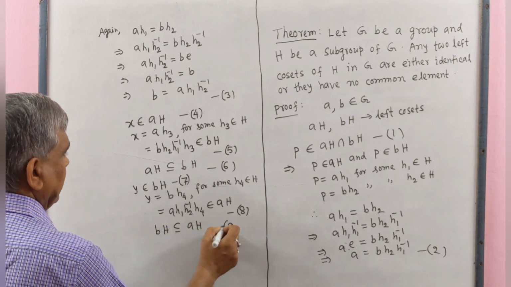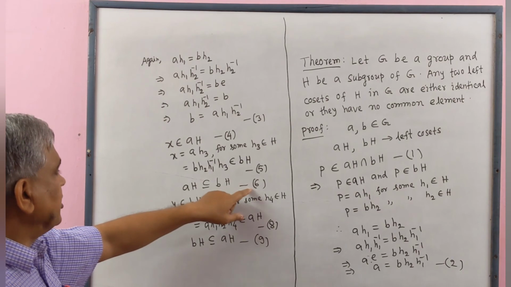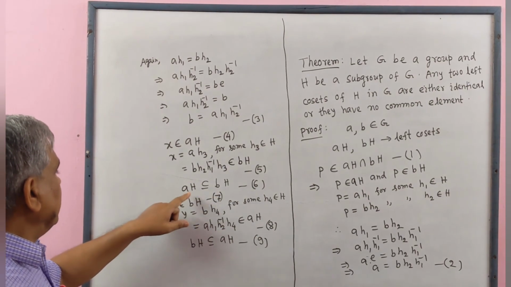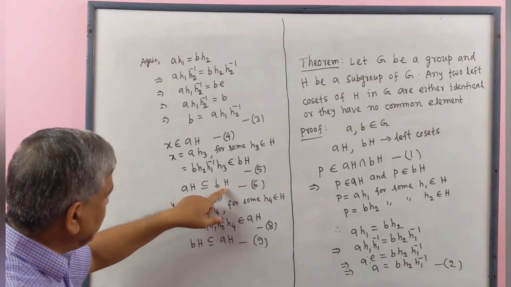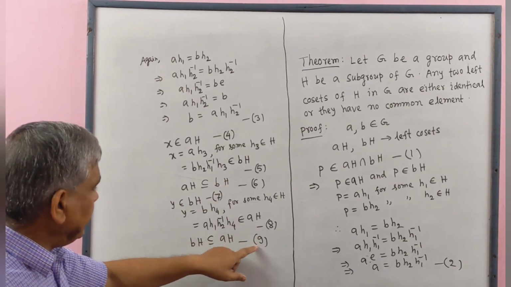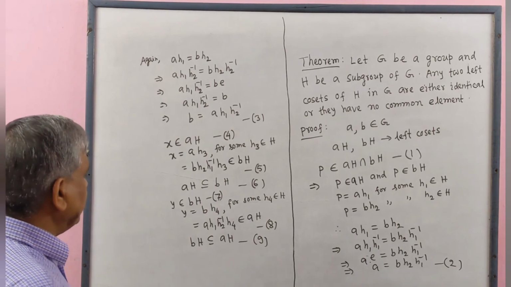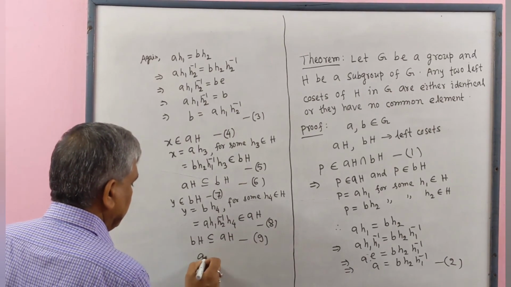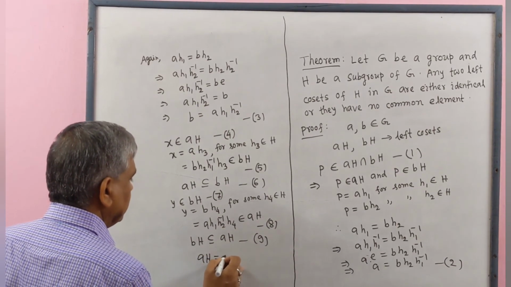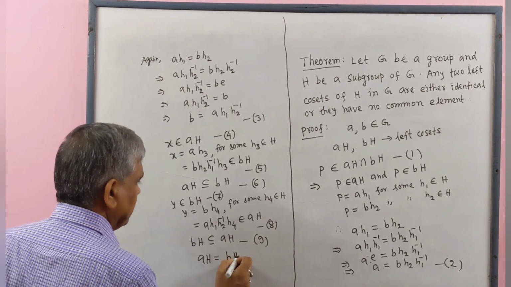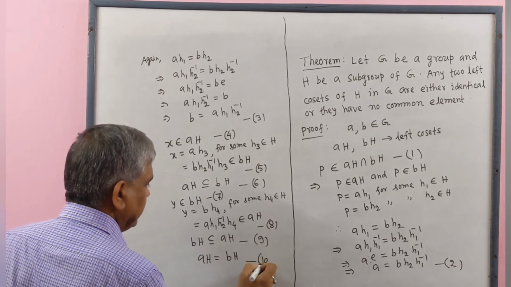This is 9. In 6, aH is the subset of bH, and in 9, bH is the subset of aH. Therefore, aH equal to bH. This is number 10.